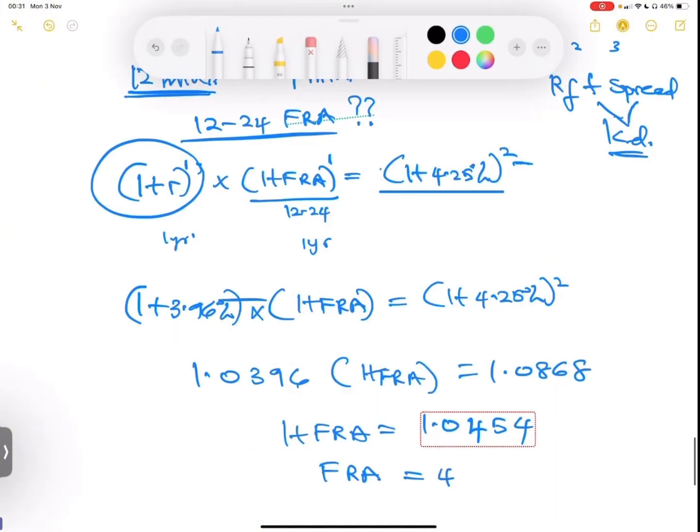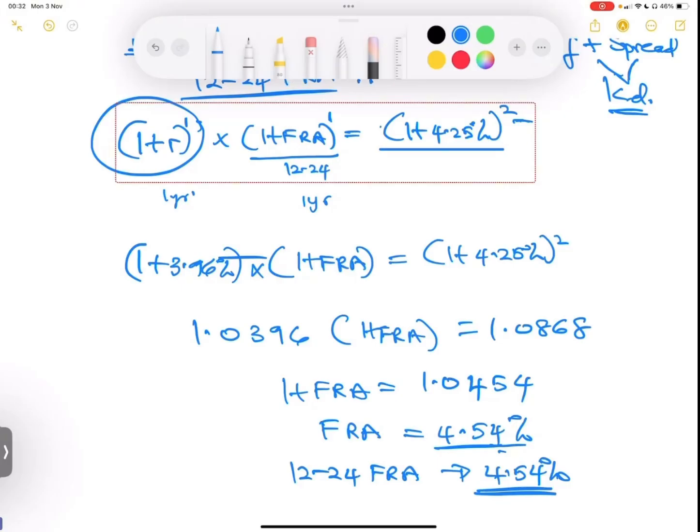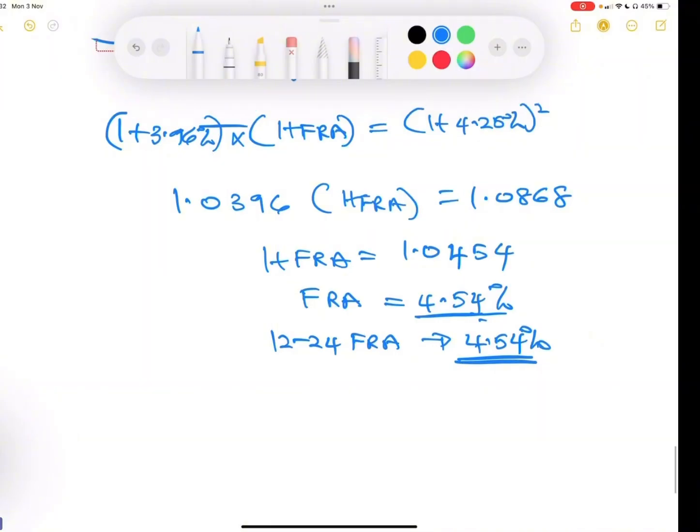Then FRA is equal to 4.54%. So the 12-24 FRA should be at 4.54%. If a bank wants to do FRA, this is the rate that they will go into the contract with you for FRA.